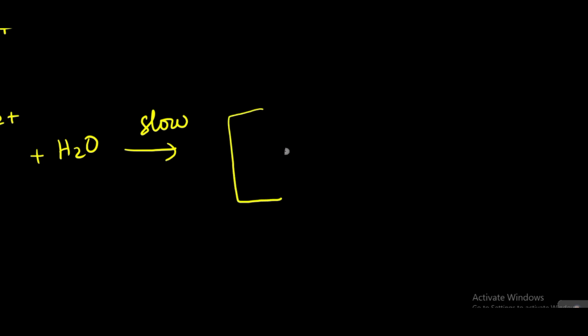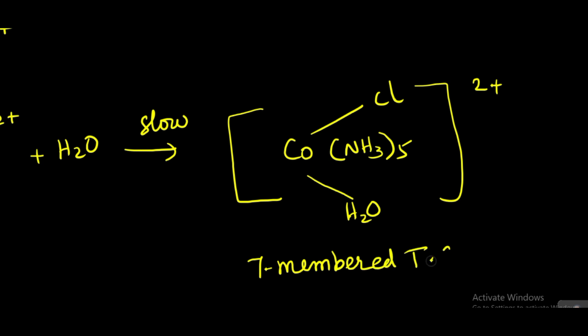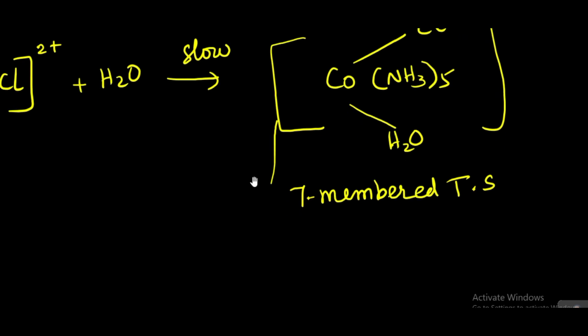The slow association of water to the cobalt pentaammine complex. So [Co(NH3)5Cl] and water: five ammines, sixth chlorine, seventh water. It is a seven-membered transition state.